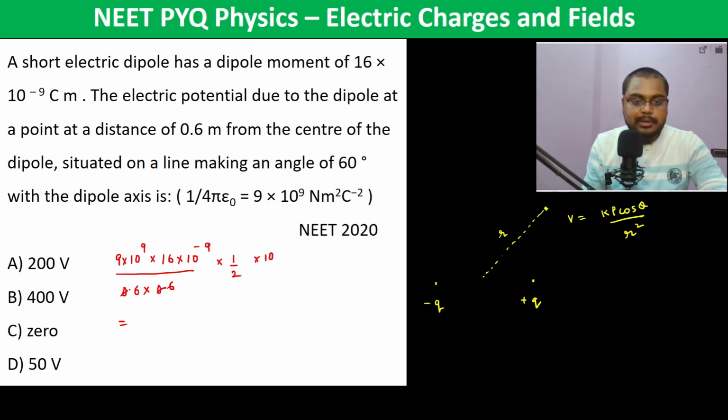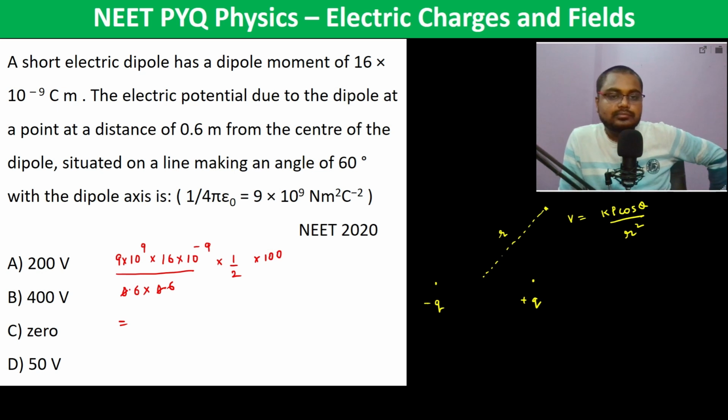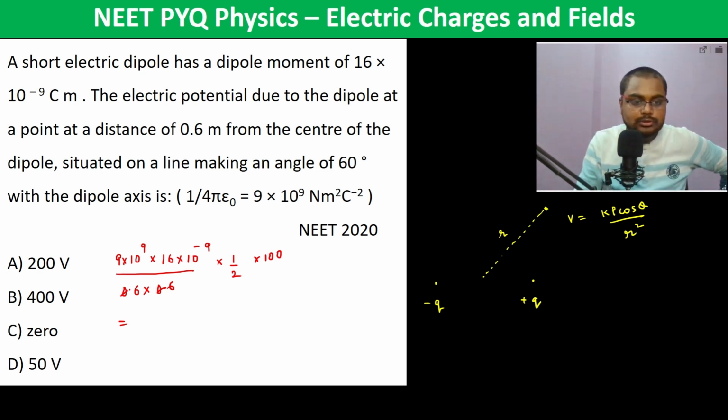So this is multiplied by 100. So 6 into 3 is gone, it's 3, it's 2, so this also becomes 2, 2 is 8, it is 2, it's gone, so this becomes 200 volt. So A is going to be the answer.